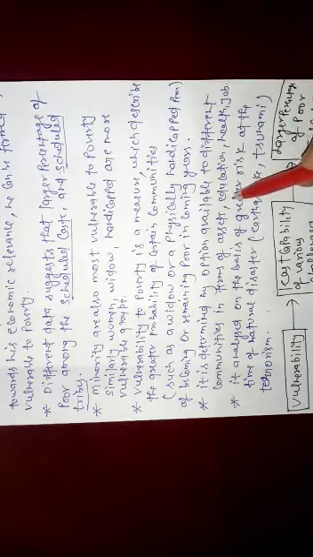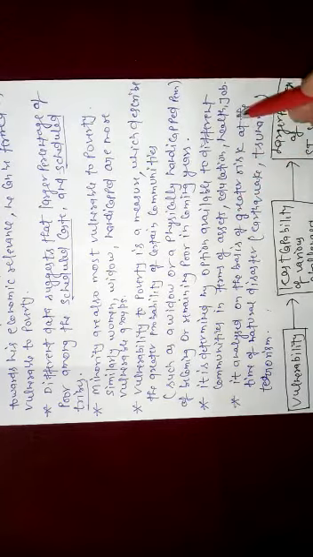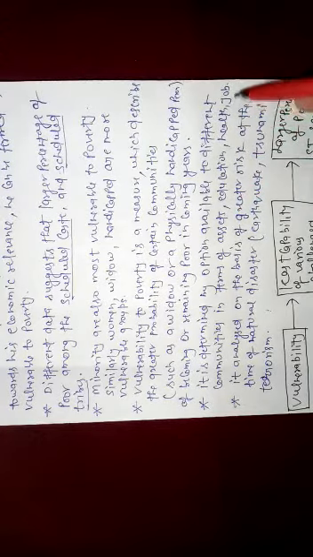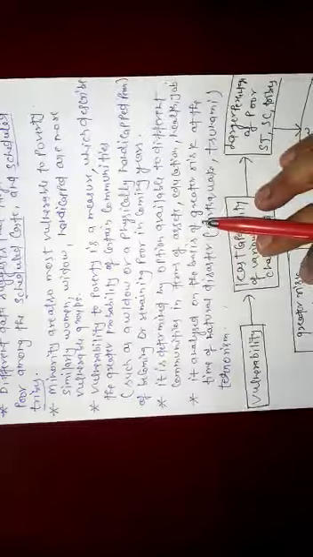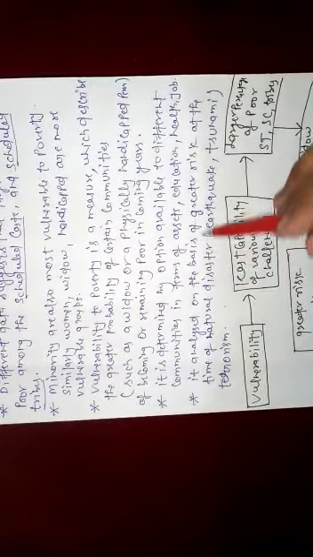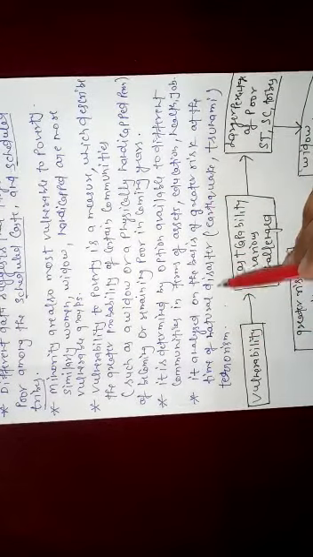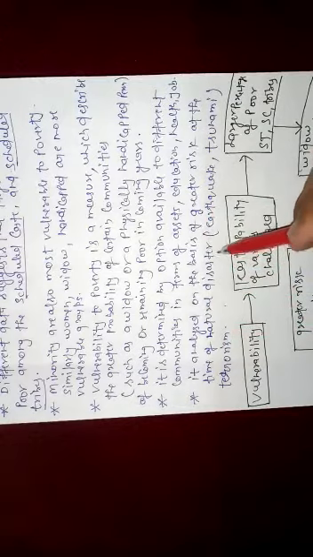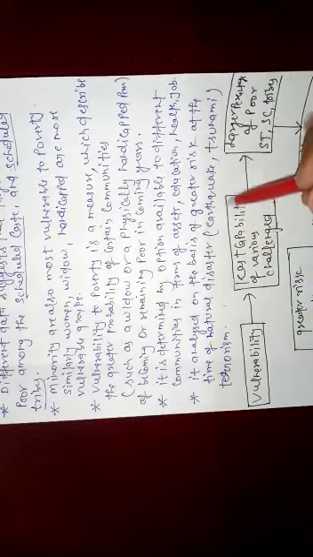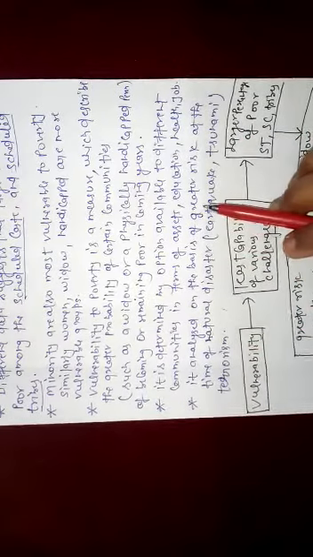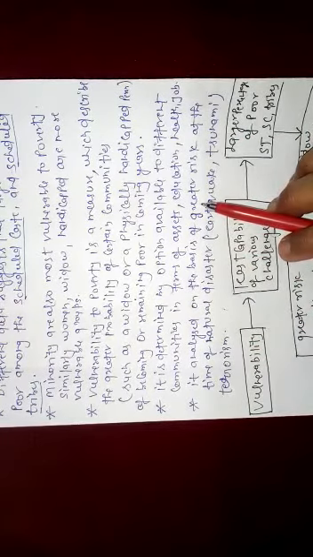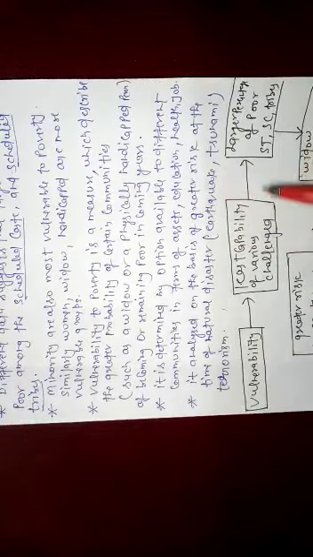If you are more educated and more healthy, you can take a good job, and that job helps in earning more assets. Thereafter it is analyzed on the basis of greater risk at the time of natural disasters. Natural disasters such as earthquake, tsunami and terrorism are also a greater risk, and they can make a person very poor.